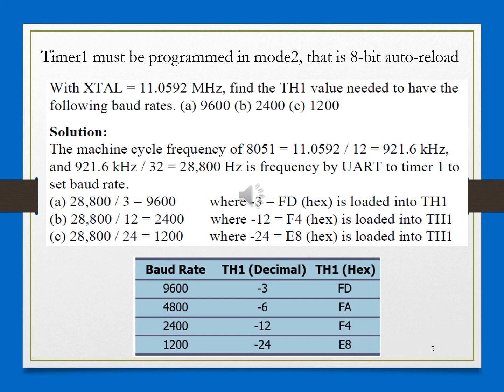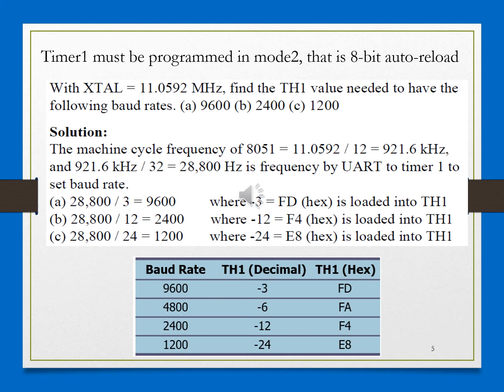Similarly, if you want the baud rate to be 1200, then you have to divide 28,800 by 24. So -24 in decimal can be loaded into the TH1 register, or its hexadecimal value E8 can be loaded into the TH1 register. So that is how we will be using timer 1.